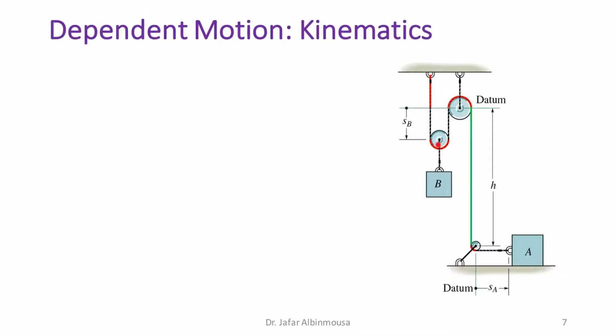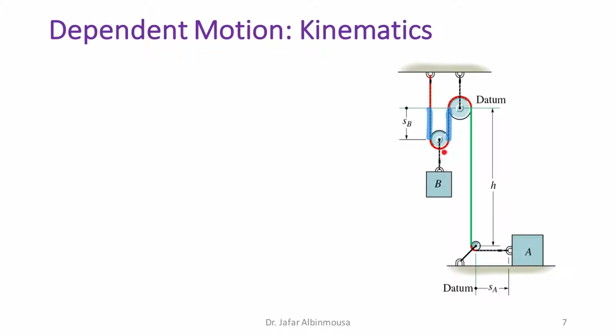Now, this part, which is not marked, I may just try to mark with a blue, this one and this one. This one is, of course, going to change as the motion changes, because when block B moves down, this pulley will move down as well, so this length will get longer and longer.